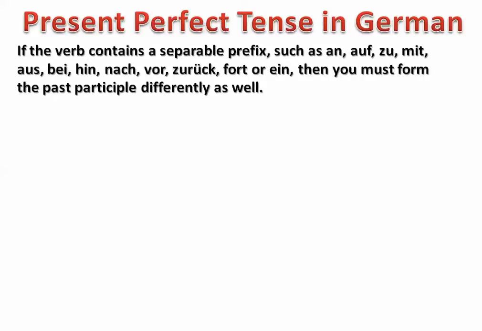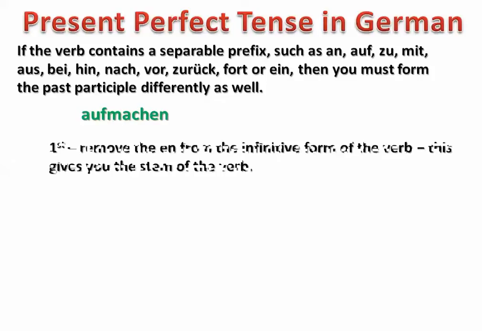Okay, now sometimes there are verbs that have separable prefixes or trennbare Präfixe. Such verb prefixes are an, auf, zu, mit, aus, bei, hin, nach, fort, zurück, or ein. So there are a bunch of them. And over time you just get used to seeing them. One of the most common is auf. So we're going to use this verb aufmachen, which means to open, basically.